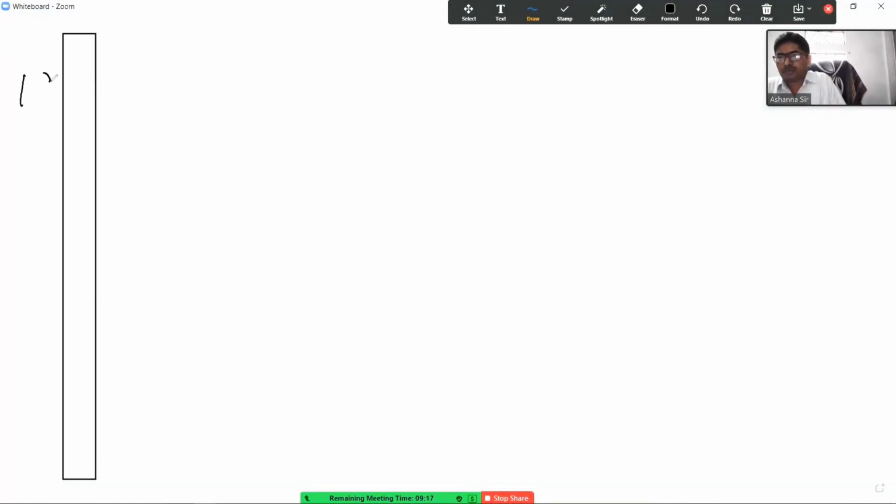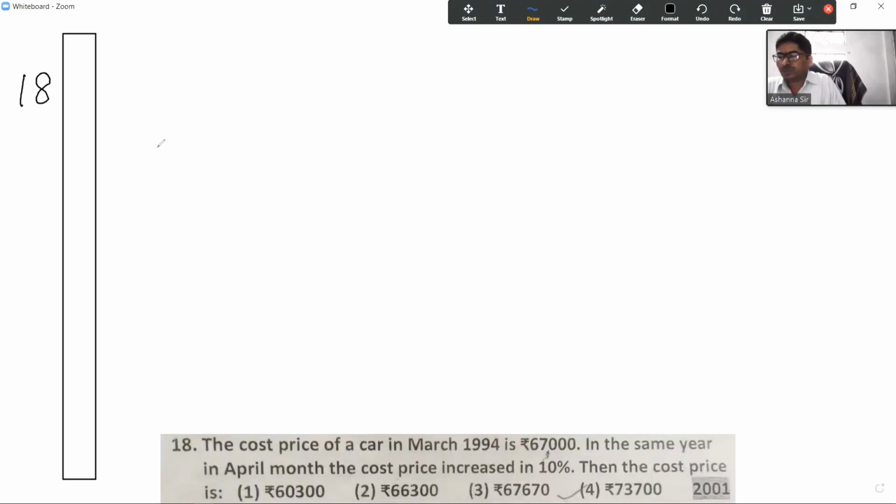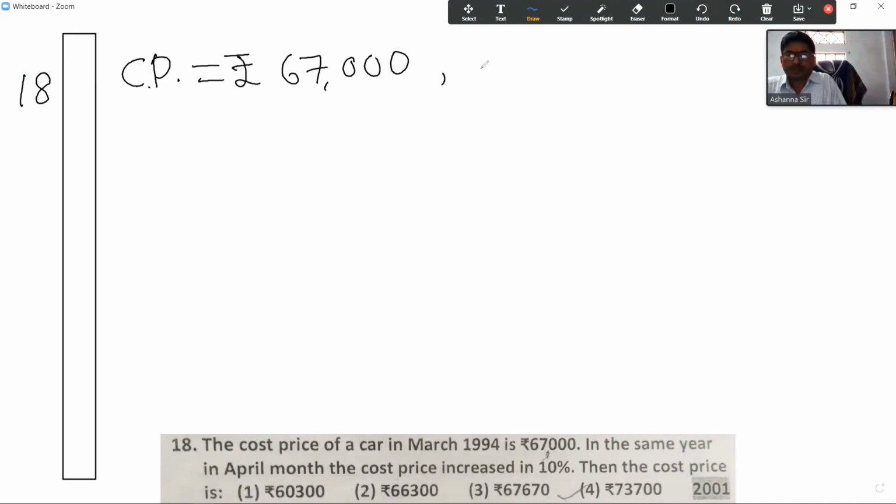This is question number 18. Cost price of a car is rupees 67,000. Here the increase percentage is equal to 10 percent.